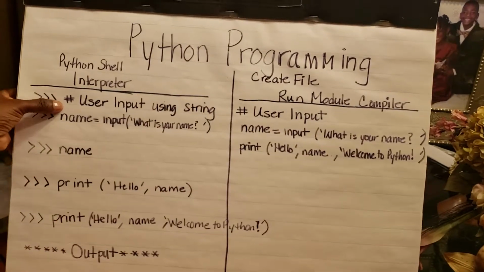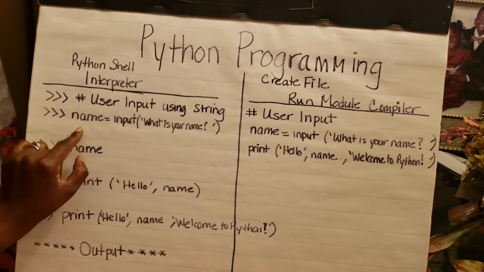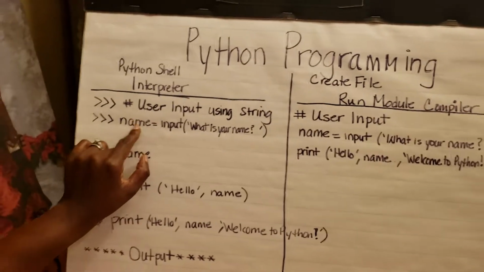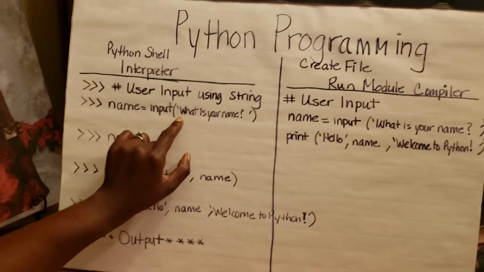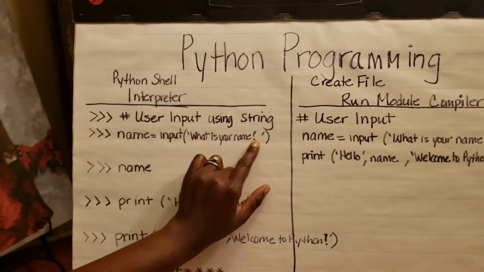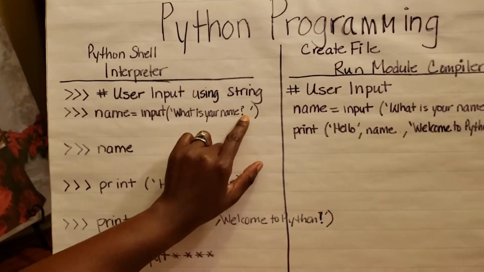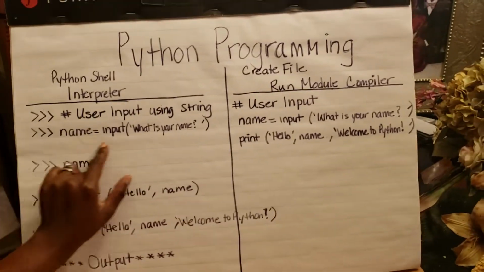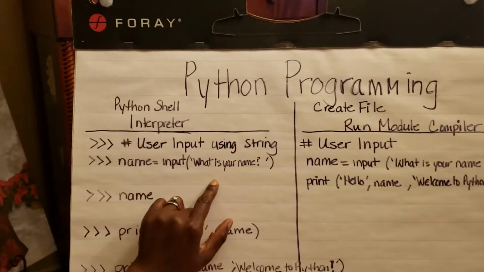So let's say for instance here we're going to input your name. So name equals input, and I'm going to ask you in a string within parentheses, what is your name? Okay, and so it's going to print something here. So be careful. We're going to look for something when we go to the computer here.